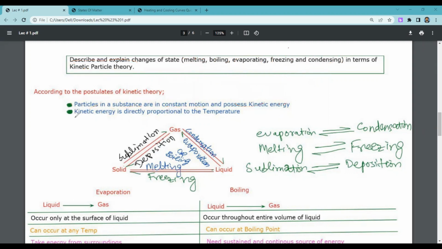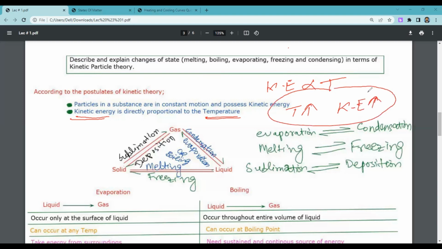This postulate says that kinetic energy is directly proportional to the temperature. It means that if we increase the temperature, the kinetic energy will also increase. By increasing kinetic energy, the motion of molecules will also increase.